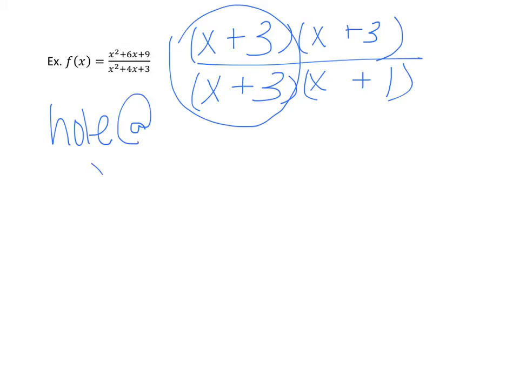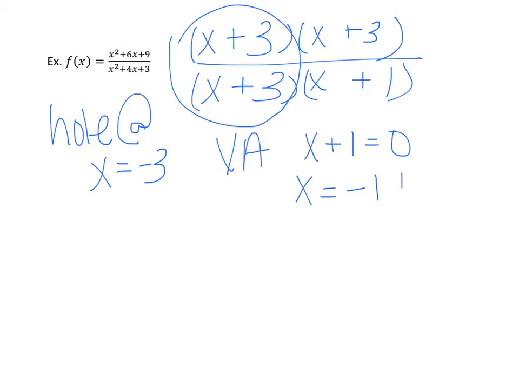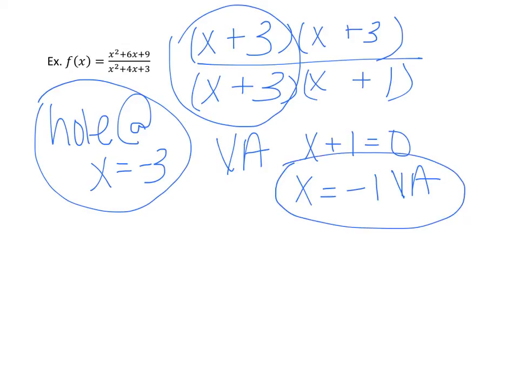Hole at x equals negative 3. Vertical asymptotes, take what's left on the bottom, set it equal to 0. x equals negative 1 is a vertical asymptote. Hole at x equals negative 3. Vertical asymptote, x equals negative 1.